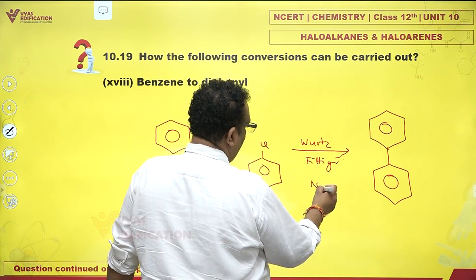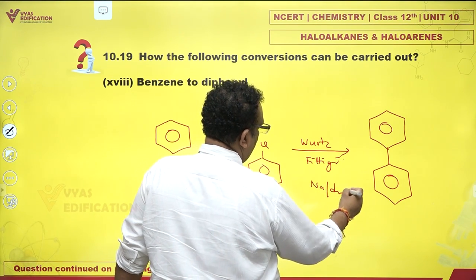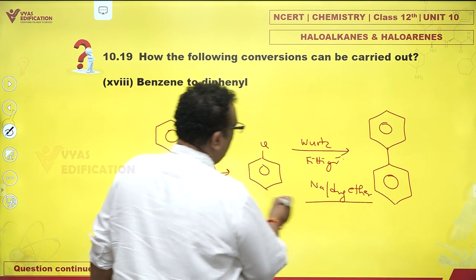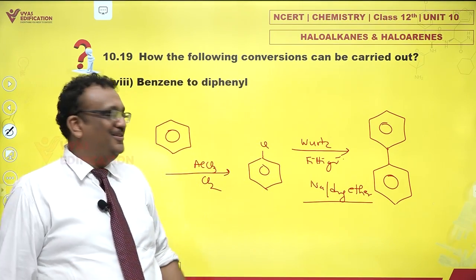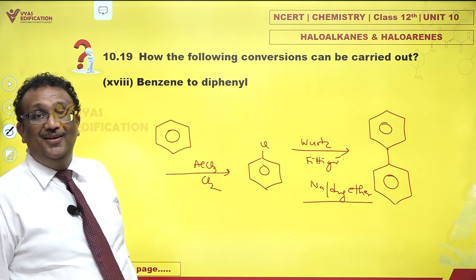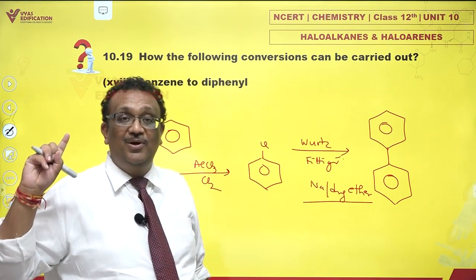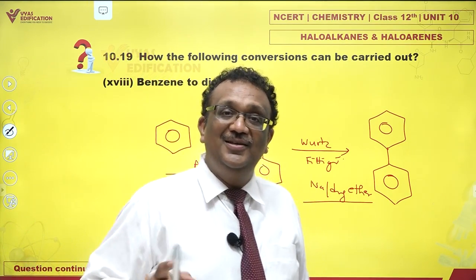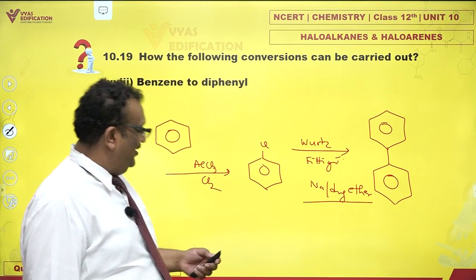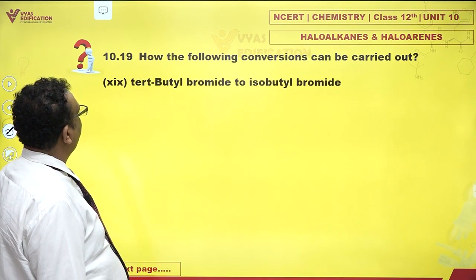How? Sodium and dry ether. Mechanism is radical mechanism and you get biphenyl like this, straightforward. All this was a part of question number 10.10. Same parts have been repeated with utter shamelessness here.